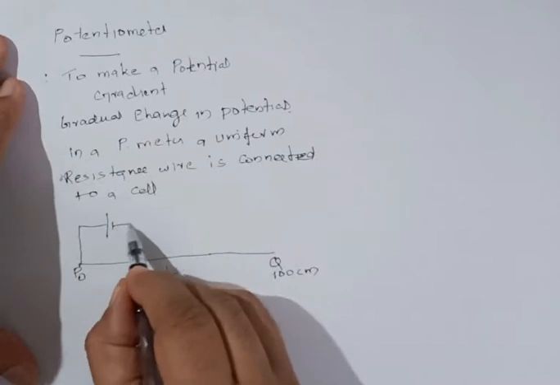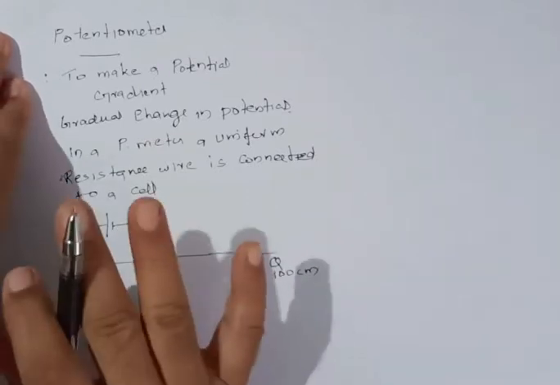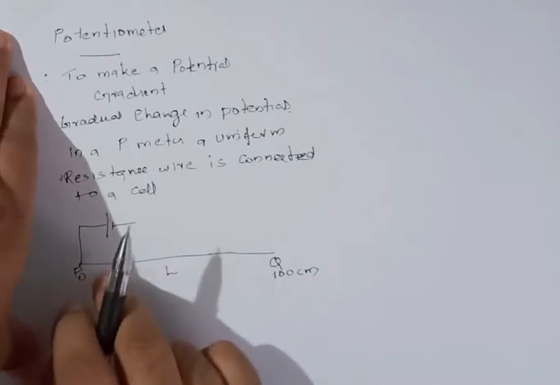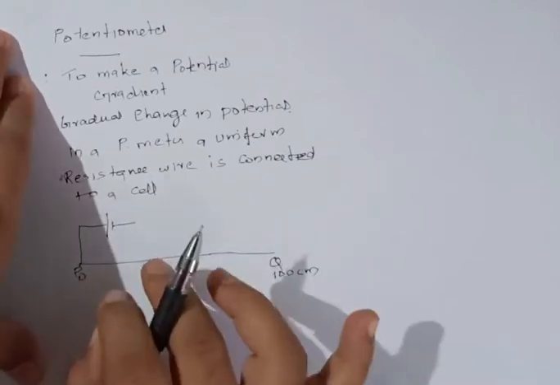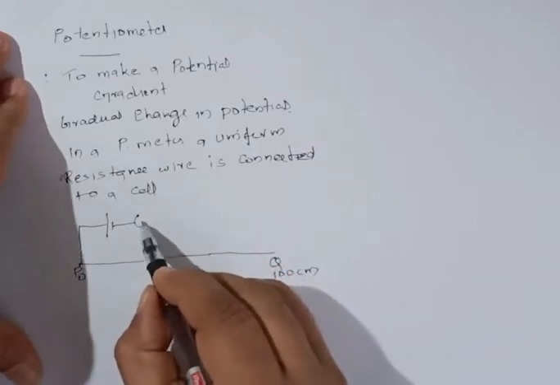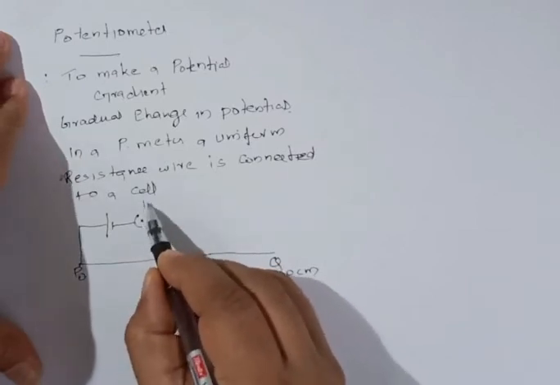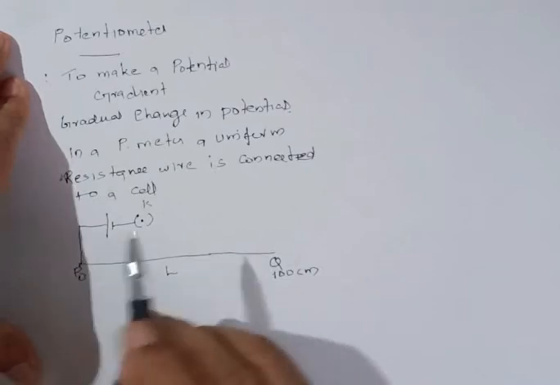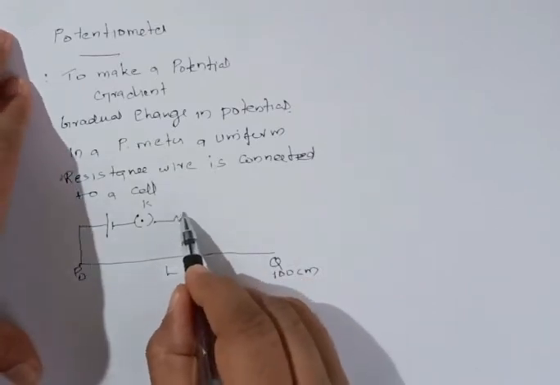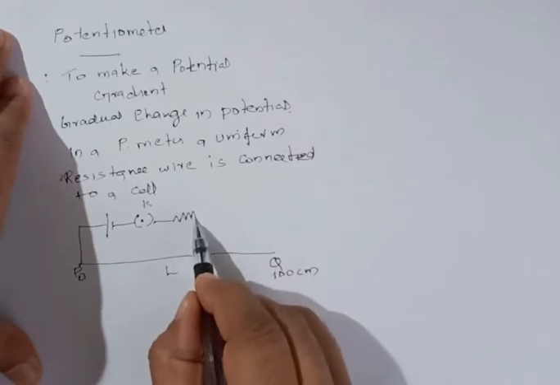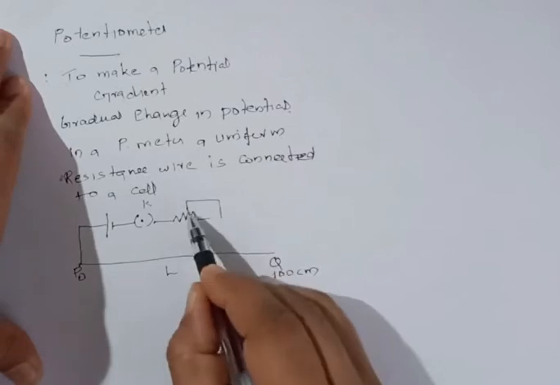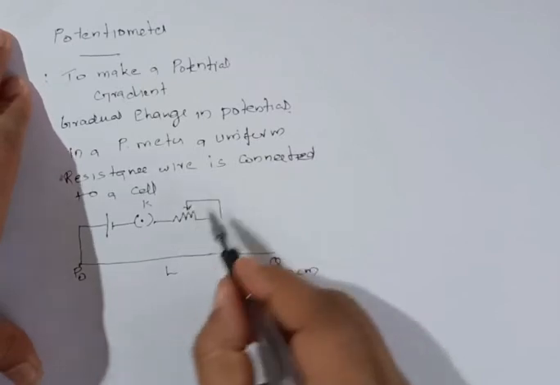That's just a convention, it's not compulsory, but by convention, the starting point of the potentiometer is always connected to the positive terminal of the cell. You may have a key to control the circuit, and you require a rheostat. This will help you control the current in the circuit, which we will call RH.